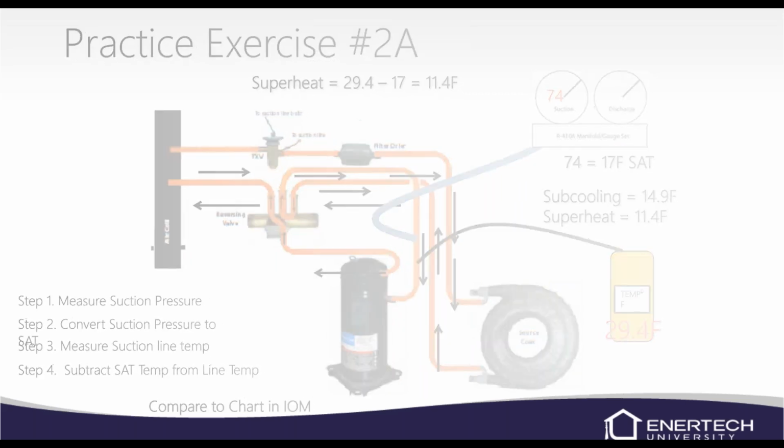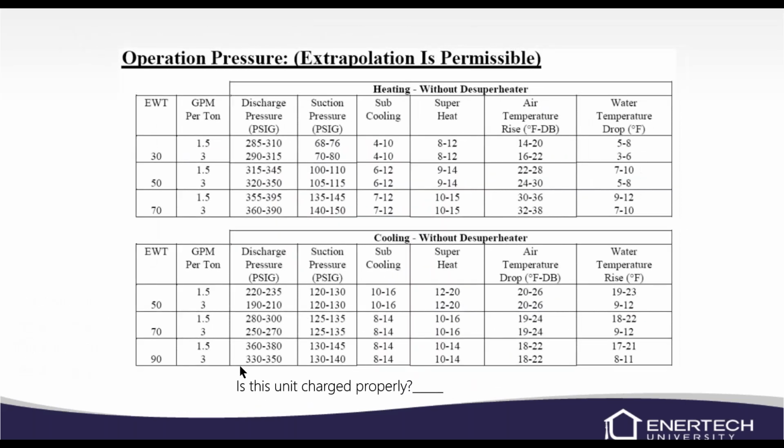So compare that to the chart. We're in heating mode. Should have 6 to 12 degrees subcooling, 9 to 14 on our superheat. So we're a little bit high on our subcooling. And our superheat is on the money.